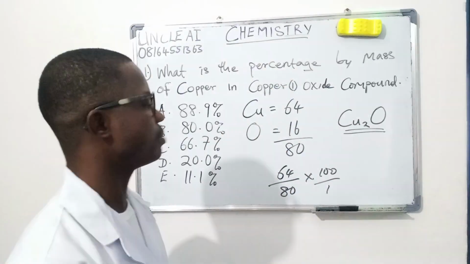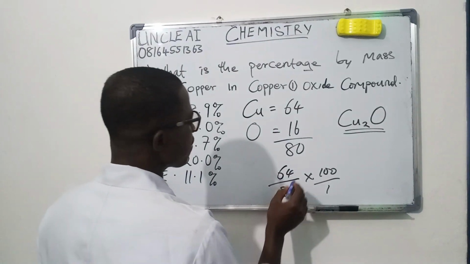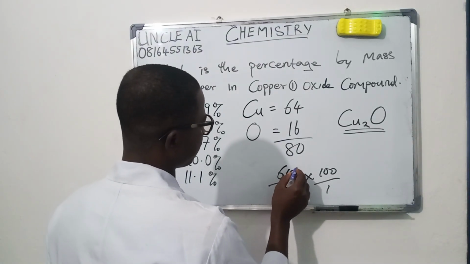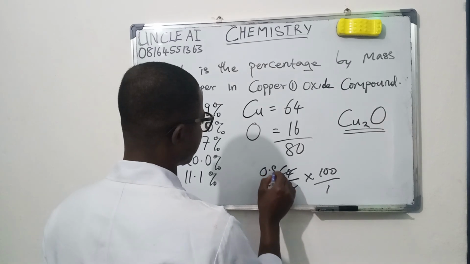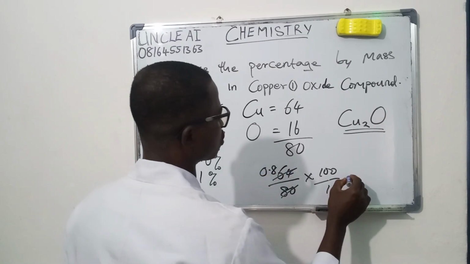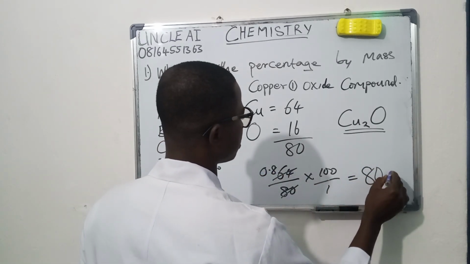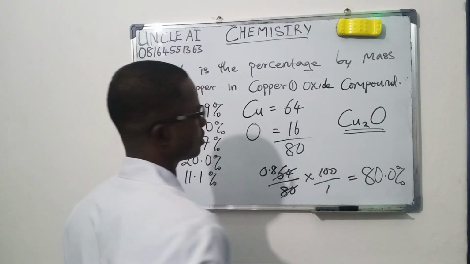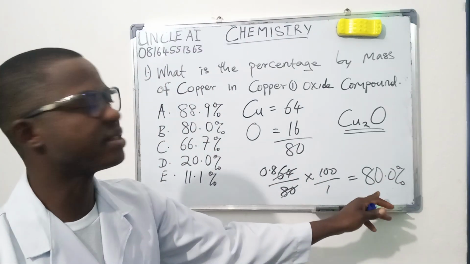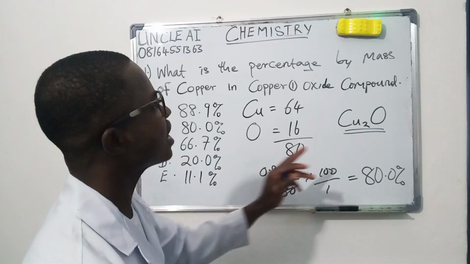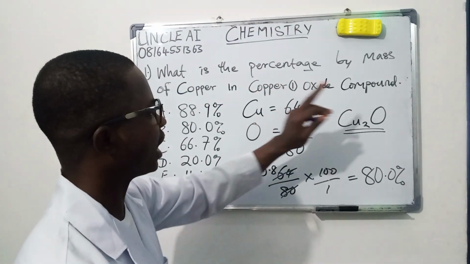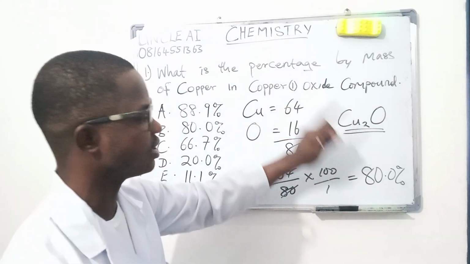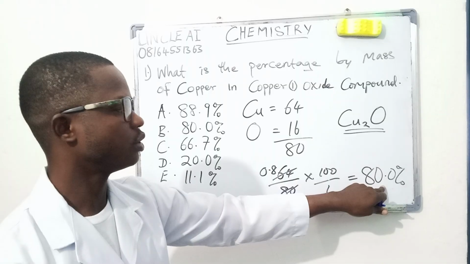So if we divide 64 by 80, we have 0.8, and we multiply it by 100, we are going to have 80.0%. This simply means that the percentage by mass of copper in copper 1 oxide is 80%.